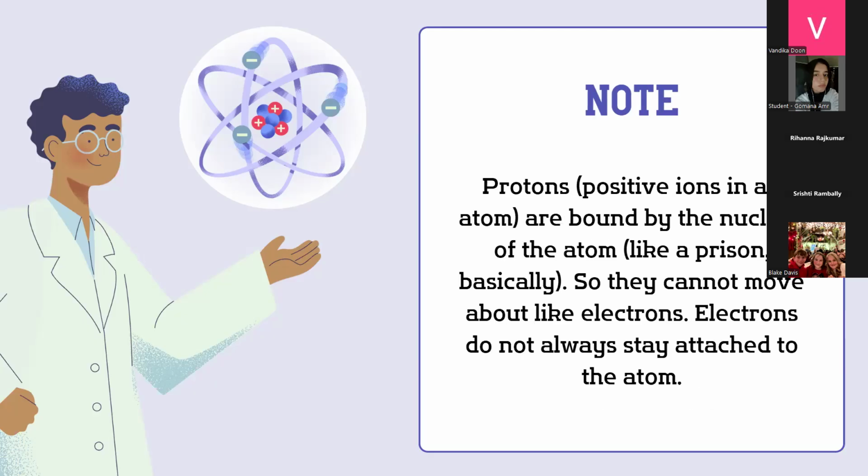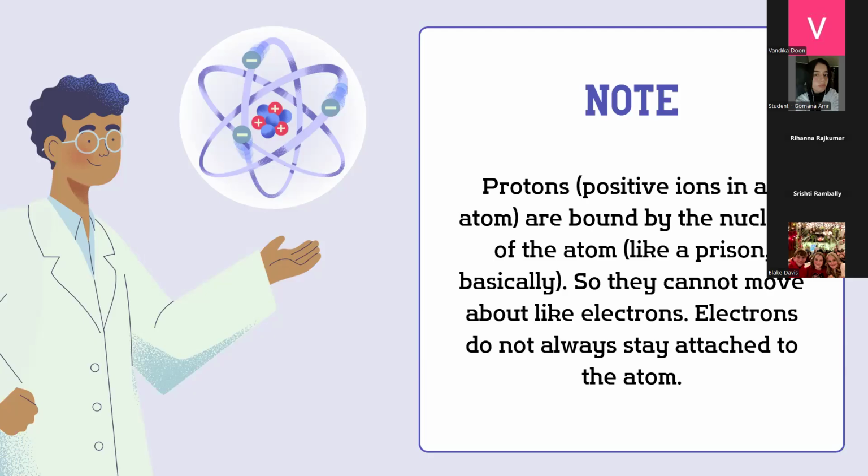Now this is on a side note, so we have an image of an atom here. Protons are the positive ions in an atom, and they are bound by the nucleus of the atom. Now that prohibits them from moving about like electrons would be able to. Now, we should also know that electrons, while they are attracted to the nucleus and that will hold them in place, that force is not always strong enough to hold them within the atom, and they may not always stay attached.